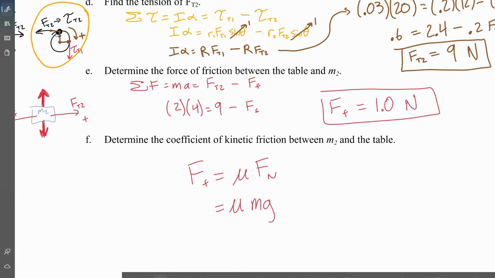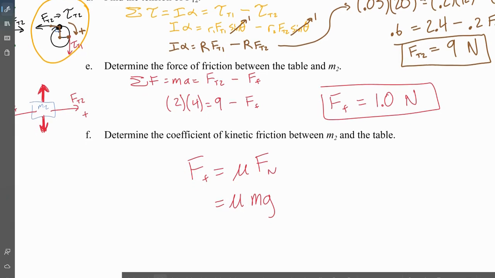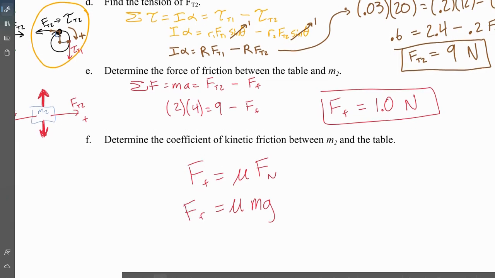It is not always the case, but because those are opposite and there aren't any other forces, they have to be equal. So let's plug this all in. 1 is equal to mu, mass is 2, g is 10. So mu is equal to 1 over 20, which gives us 0.05.